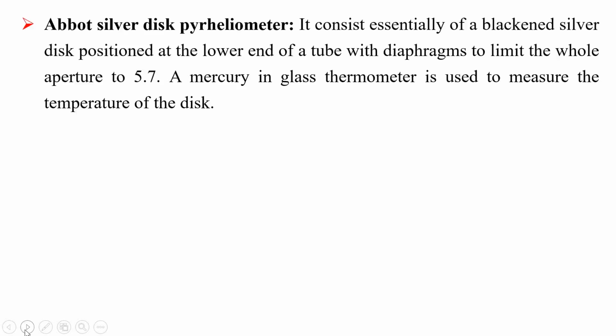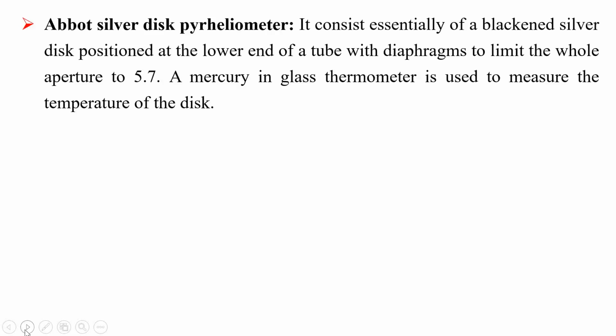The second type of pyroheliometer is the Abbott silver disc pyroheliometer. It consists essentially of a blackened silver disc positioned at the lower end of a tube to limit the aperture to 5.7 degrees.